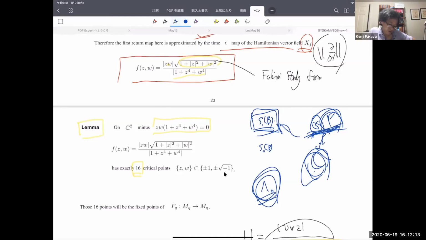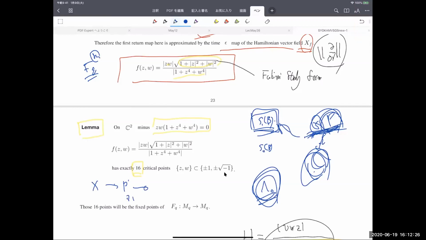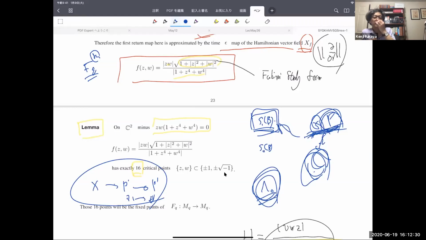So you consider this FQ, and you want to get these iterations. That's something like you take these pencils, right? And you can just compose, and you can study these pencils. So that's a way to look at these iterates. But I don't know what happens.